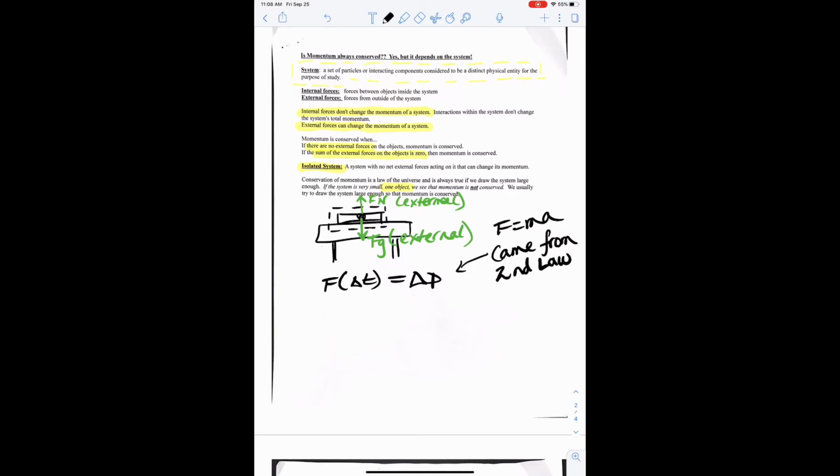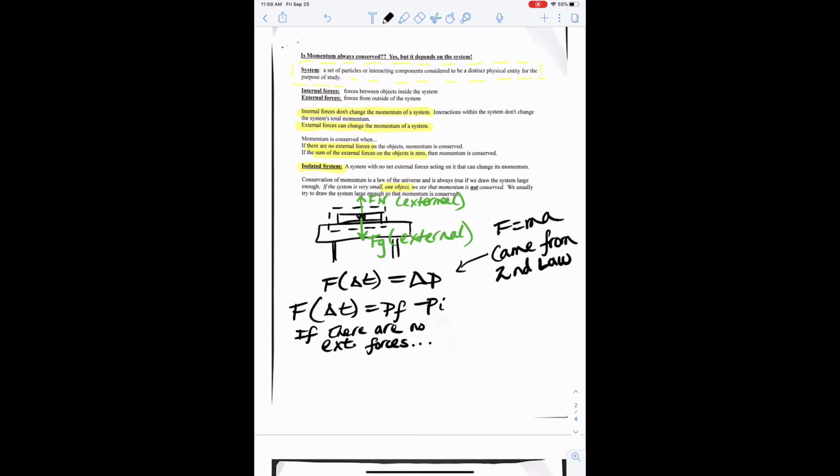All right, so anyhow, something to note here that's pretty cool, that you can rewrite this, right? And see something kind of neat. All right, so just expanding it out a little bit. And we can say then, if there are no external forces, right?